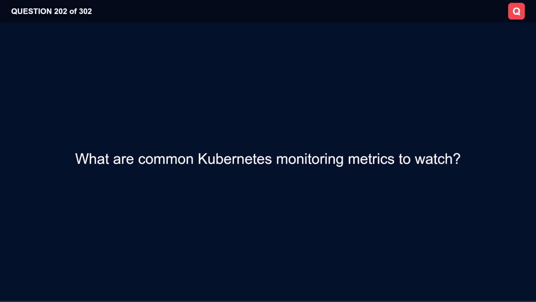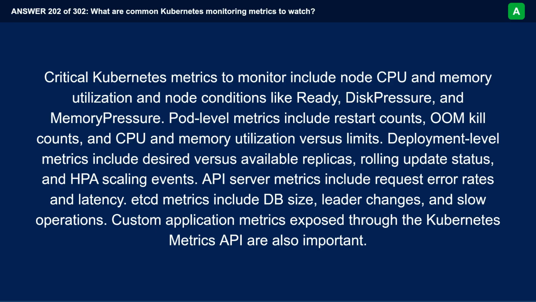What are common Kubernetes monitoring metrics to watch? Critical Kubernetes metrics to monitor include node CPU and memory utilization, and node conditions like ready, disk pressure, and memory pressure. Pod-level metrics include restart counts, OOM kill counts, and CPU and memory utilization versus limits.